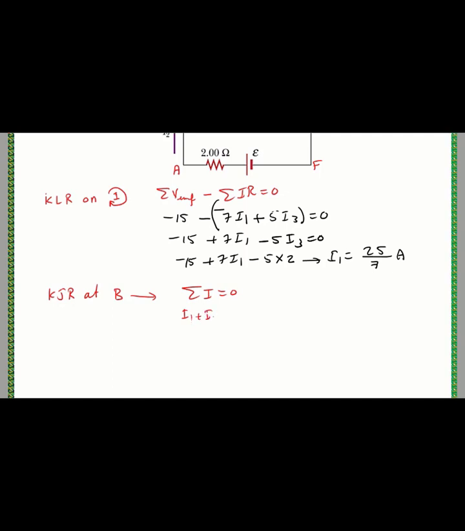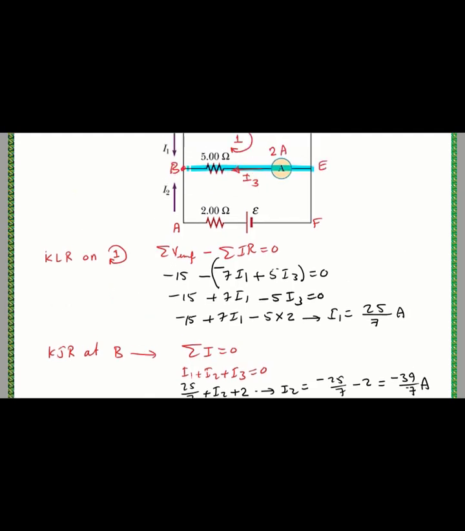I1 plus I2 plus I3 equals 0. I1 is 25 over 7. I2 is unknown. I3 is 2. Then I2 equals minus 25 over 7 minus 2, which is minus 39 over 7 amperes, in the opposite direction to that shown.